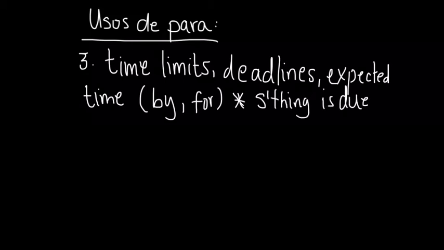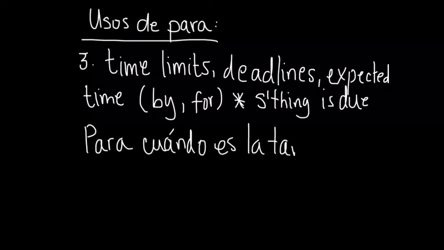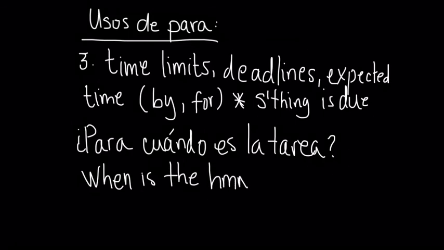But especially when we want to say when something is due. So for example, ¿para cuándo es la tarea? The equivalent in English will be when is the homework due? And para is the equivalent of due.